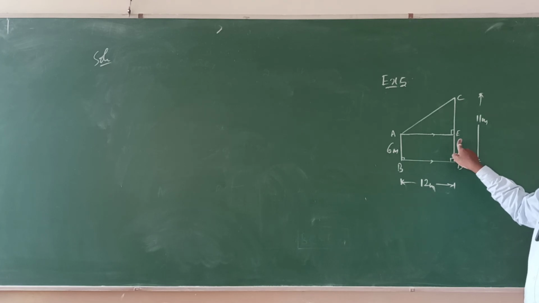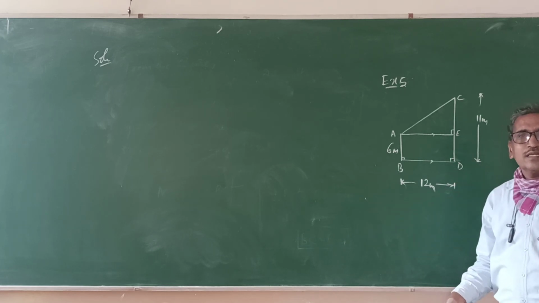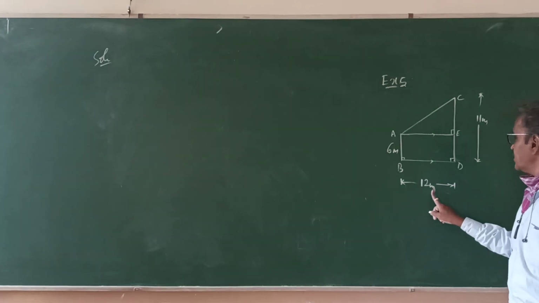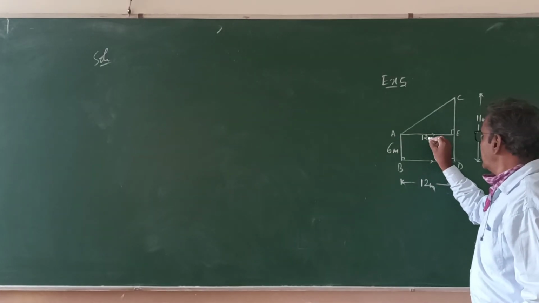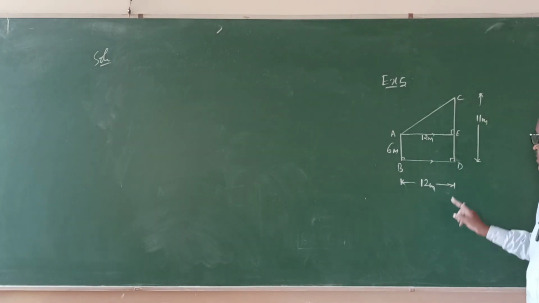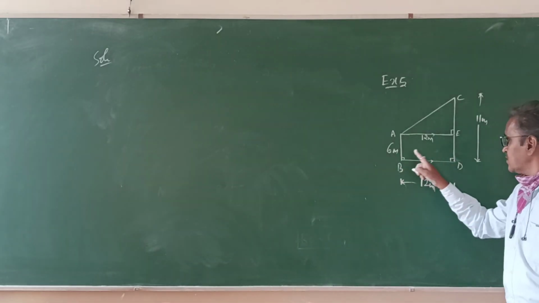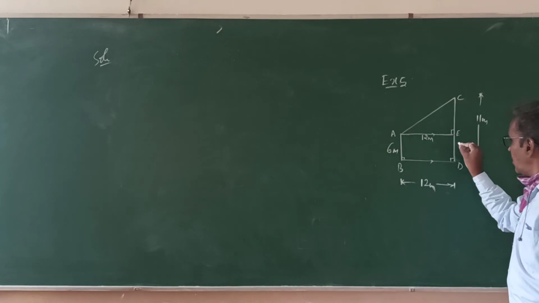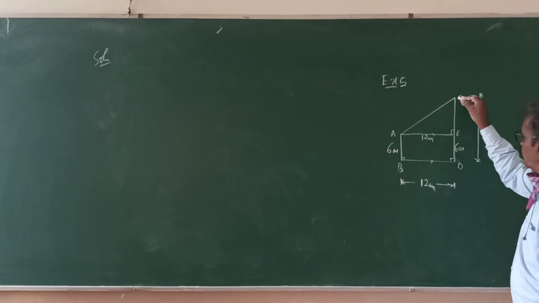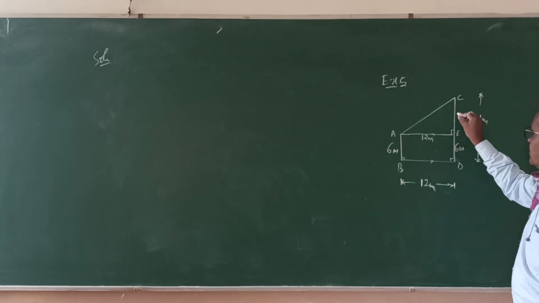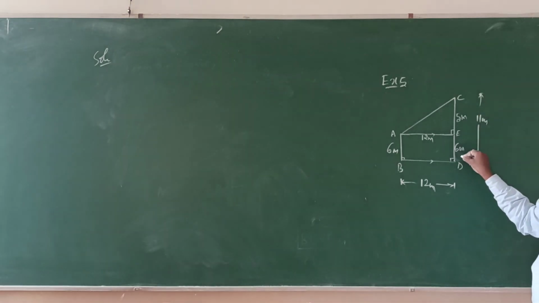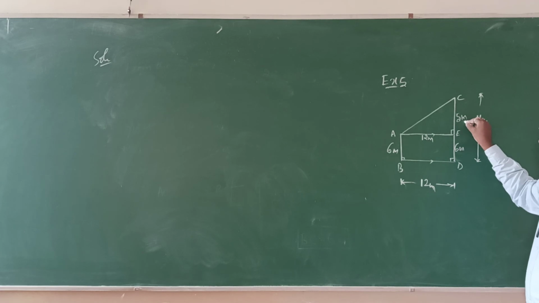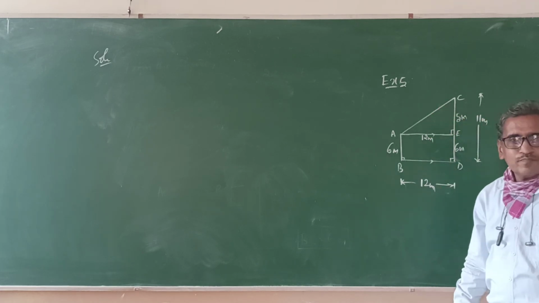Rectangle property: opposite sides are equal. So BD is 12 meter, means AE is also 12 meter. And what about DE? Opposite sides are equal, so DE equals AB, 6 meter. What about CE? It is 5 meter because the total is 11 meter and 6 meter is less here, so the remaining is 5 meter.